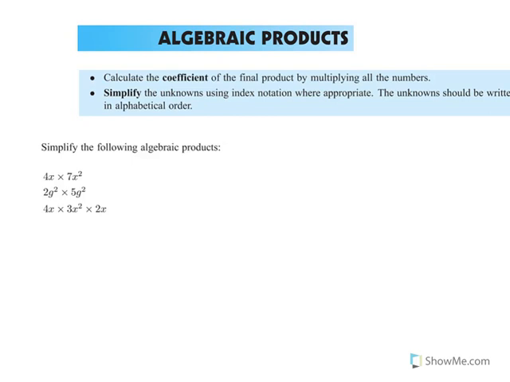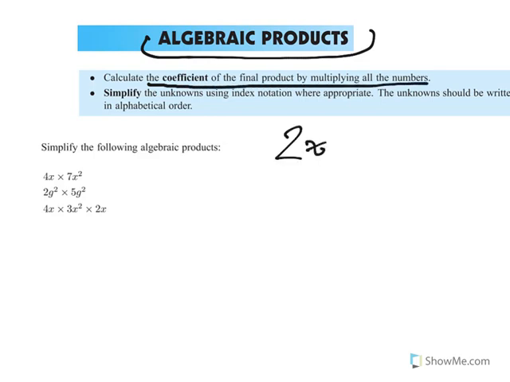So when we have algebraic products, which means when we are multiplying terms of algebra, the first thing we do is we calculate the coefficient of the final product by multiplying all the numbers. Again, the coefficient. Here we have the 2x times 3x.